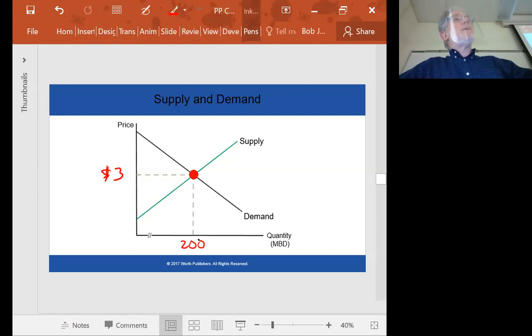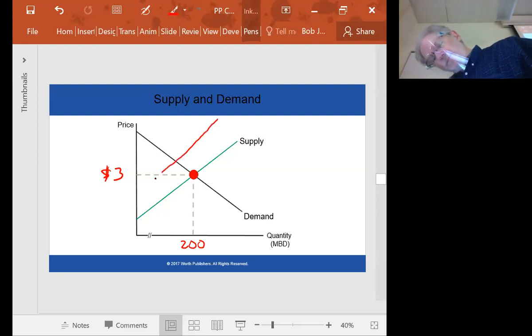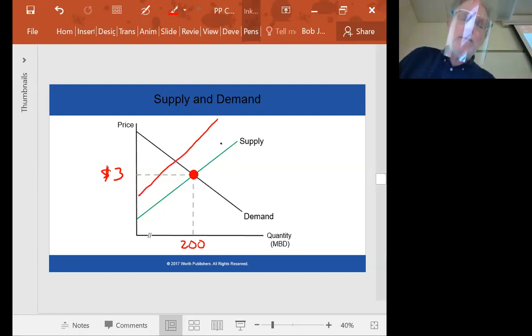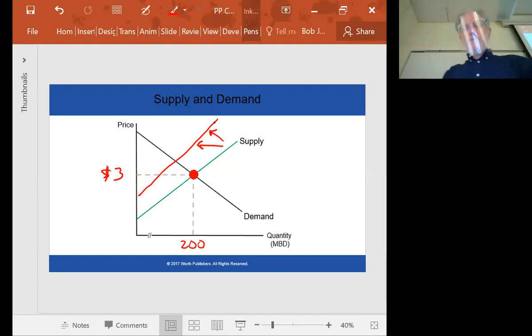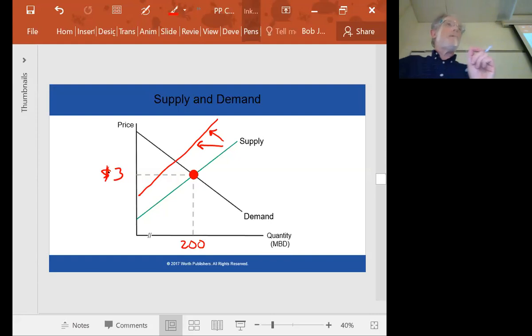Now some of these restaurants go out of business. If you have fewer restaurants, then fewer hamburgers are going to be supplied. This would shift the supply curve to the left or up. Think of it, it's really doing both. And that's a decrease in supply because for any given price, the quantity that will be supplied is now going to be smaller than before.